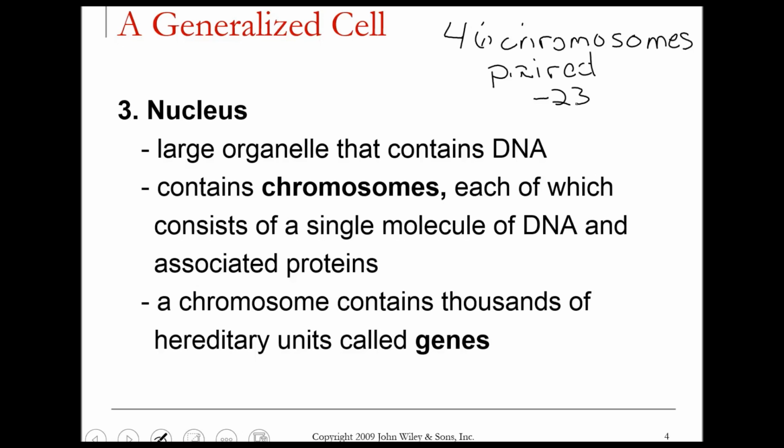When a cell gets ready to divide, the DNA condenses. That means it coils up around many of the proteins and forms very distinct structures that are smaller, and those may also be called chromosomes. So it's important to figure out what type of chromosome a person is talking about from the context.